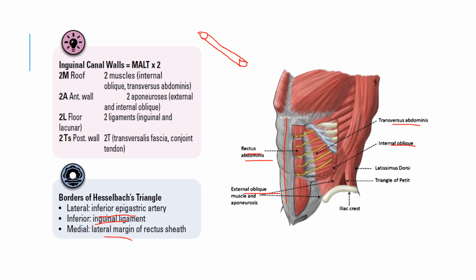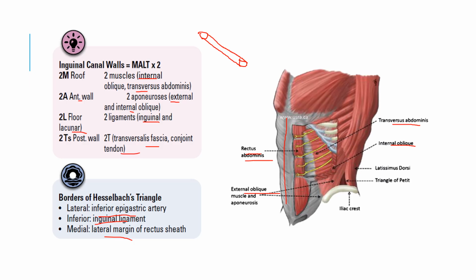It has an oval deep ring and a superficial ring which is triangular, and these are the boundaries. The roof is bounded by the internal oblique, and underneath that you have the transversus abdominis. The anterior wall by external and internal oblique. The floor by two ligaments, the inguinal and the lacunar, and the posterior wall by transversalis fascia and conjoint tendon.